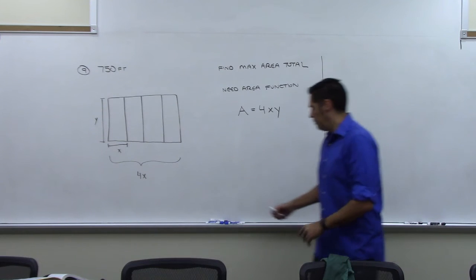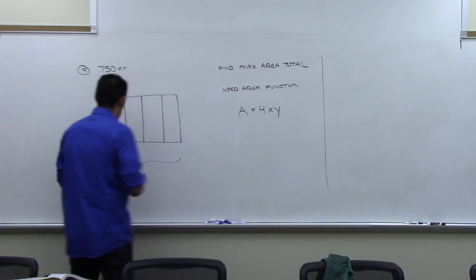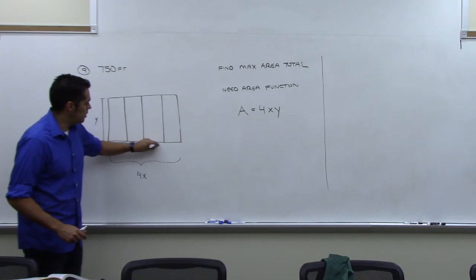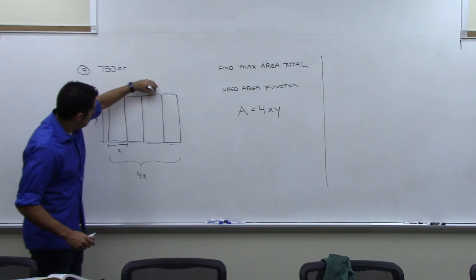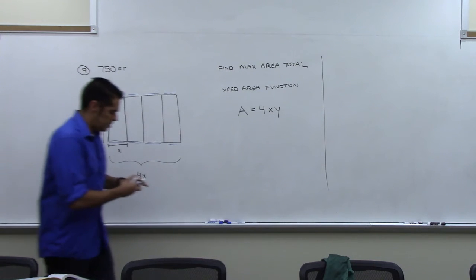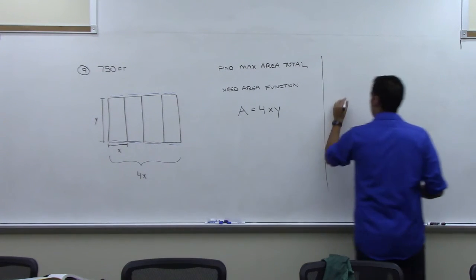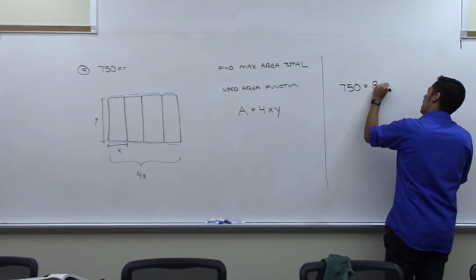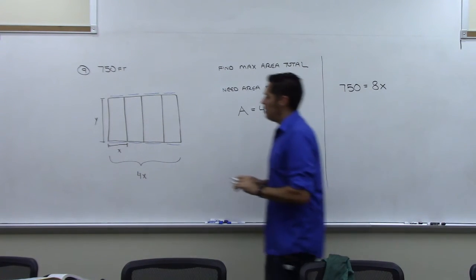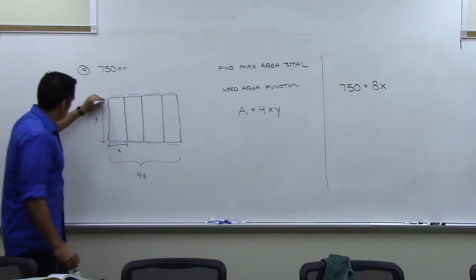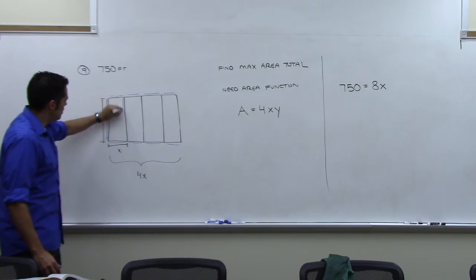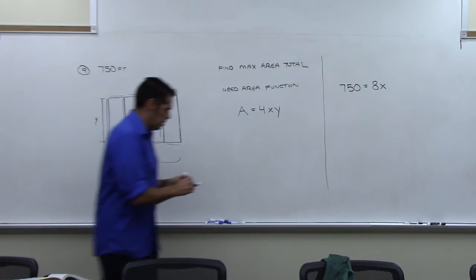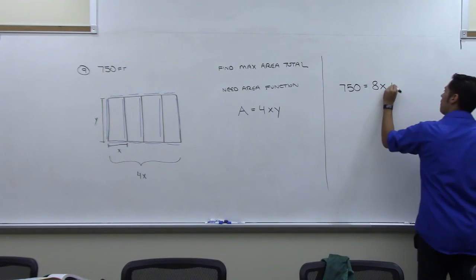So let's talk about how much fence we're going to need. We're going to need whatever x is, 1 of those, 2, 3, 4, 5, 6, 7, 8 x's. So I know that 750 has to be equal to 8 x's plus I also need this distance from here to 1, 2, 3, 4, 5 y's to build this fence.